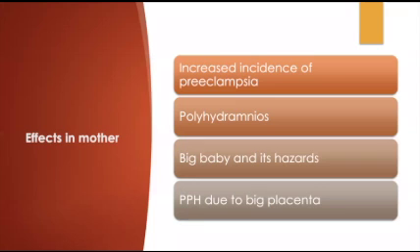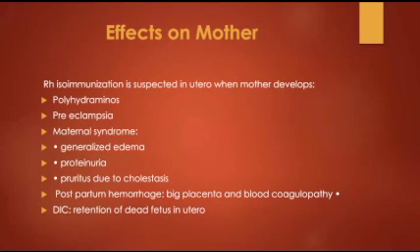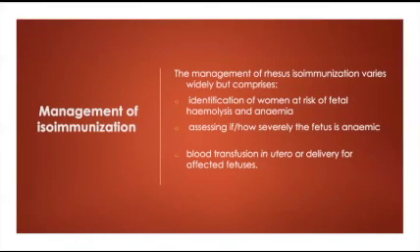Also, it can affect the mother. It increases the incidence of preeclampsia, polyhydramnios, big baby and its hazards, and PPH due to a big placenta. Rh immunization is suspected in utero when the mother develops polyhydramnios, preeclampsia, mirror syndrome, postpartum hemorrhage, big placenta, and blood coagulopathy, as I told before.